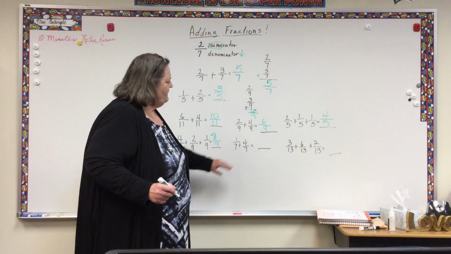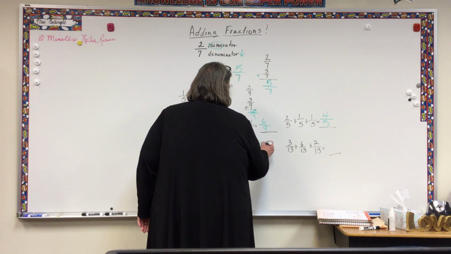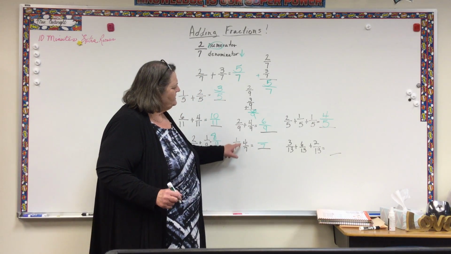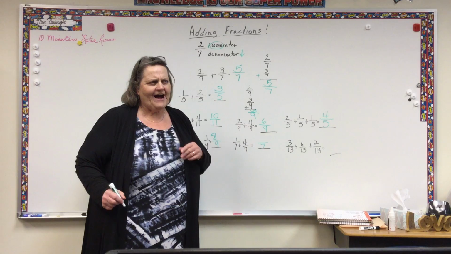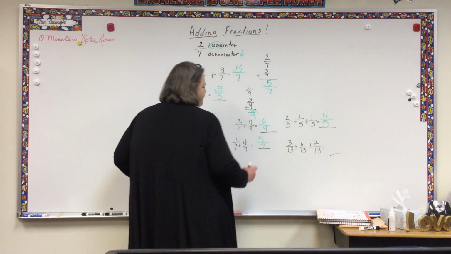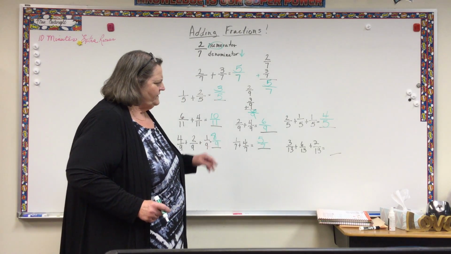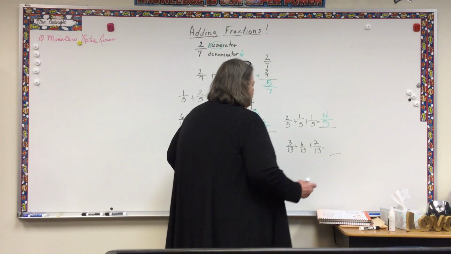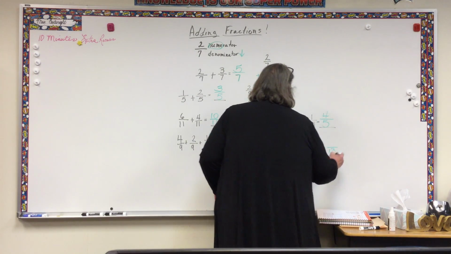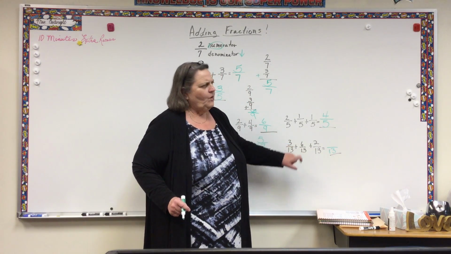Hey, it's the same. I'll write it here. And then I work the numbers that are on the top. 1 plus 4 is 5. Again, the next problem, 13s. They're the same. So I'll write the denominator down and work the numbers at the top. 3 plus 6 is what?